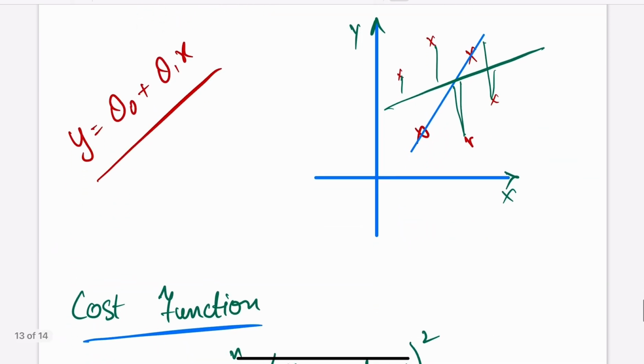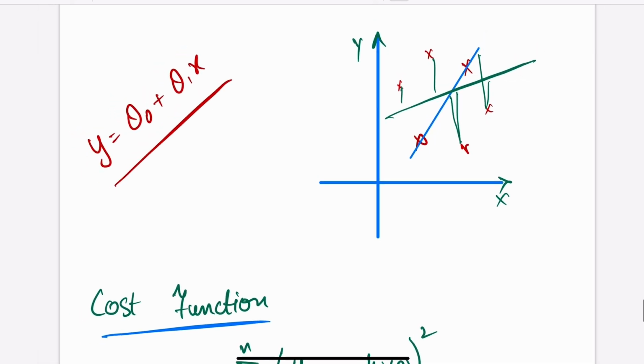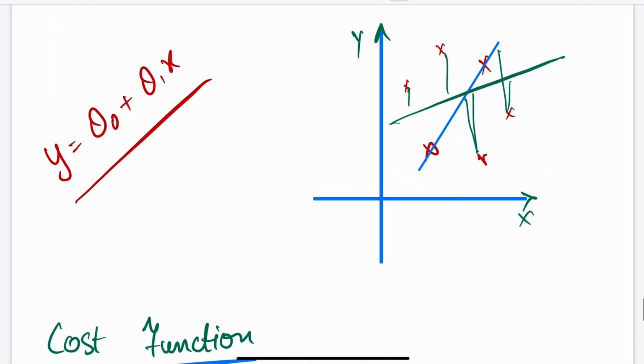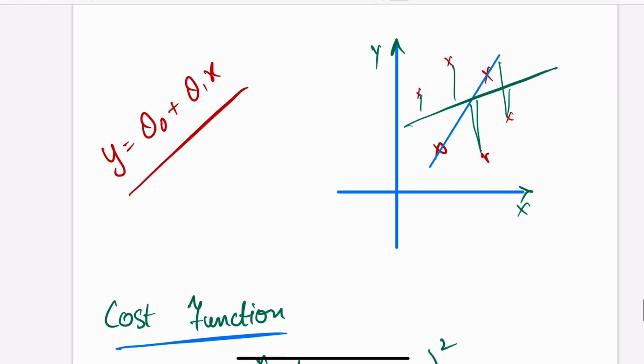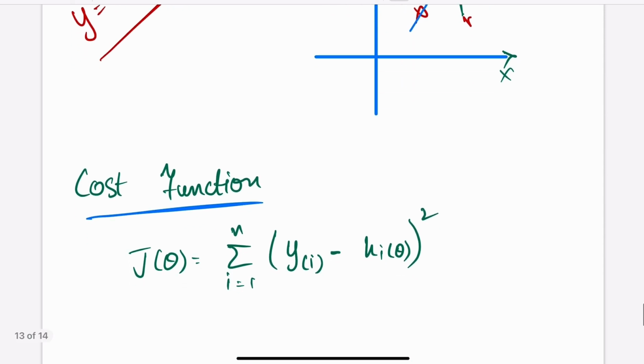We need something like that. So what are you going to do? There are different ways to do this, but one of the most used ways is ridge regression. It is also called regularization of the model. Let me talk more about it.